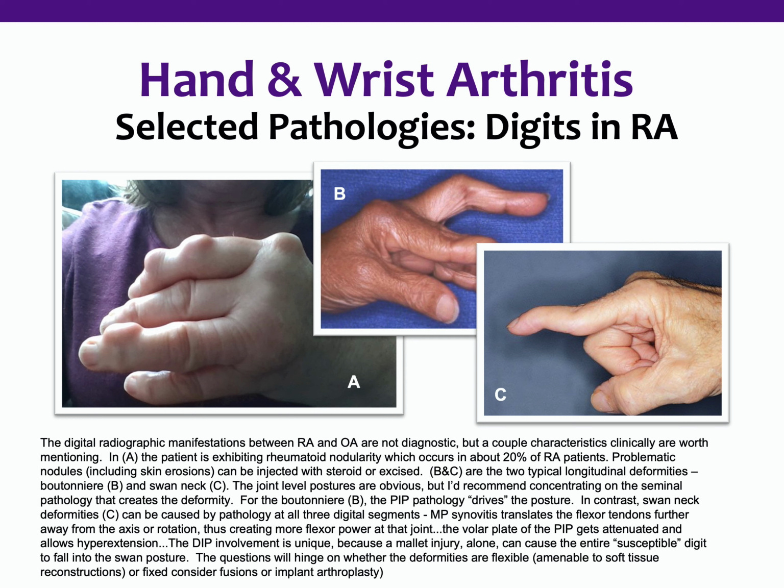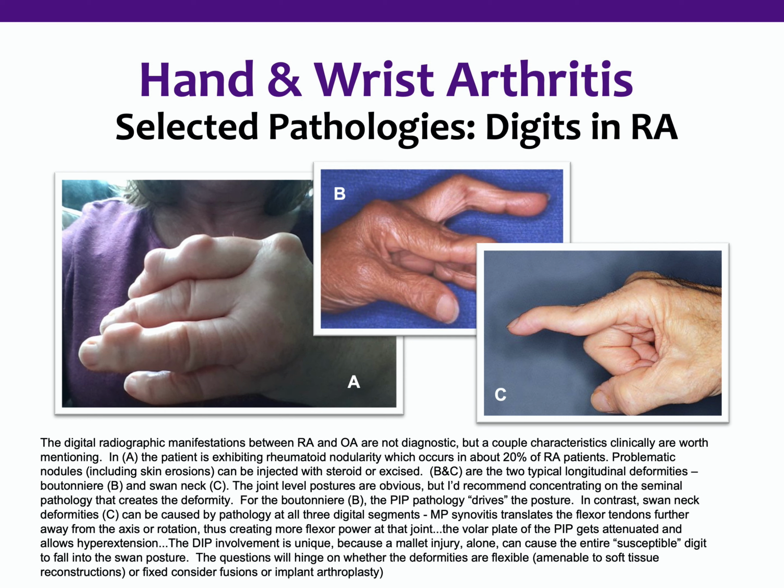Excuse me if I've insulted your level of sophistication, but boutonniere, swan neck: the boutonniere posture includes the PIP flexion and the DIP hyperextension. It's driven almost exclusively by problems of the PIP joint, whereas the swan neck, accompanied by hyperextension at the PIP joint and the reciprocal DIP joint flexion, can be driven from any level. DIP, PIP, MP.